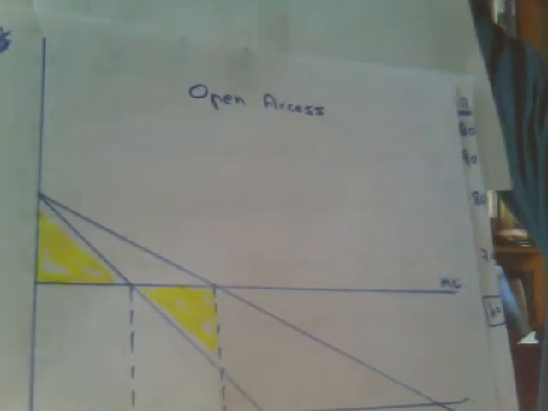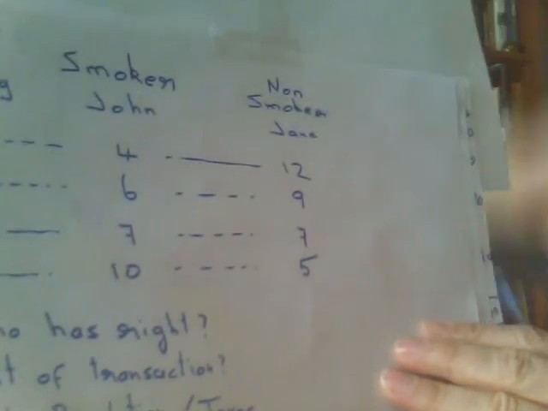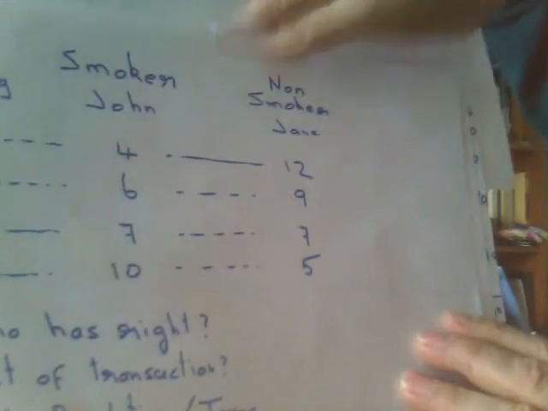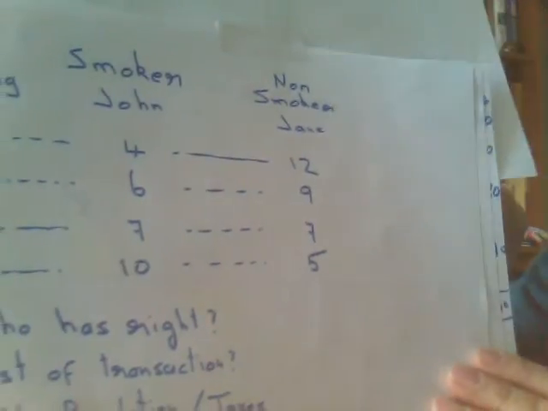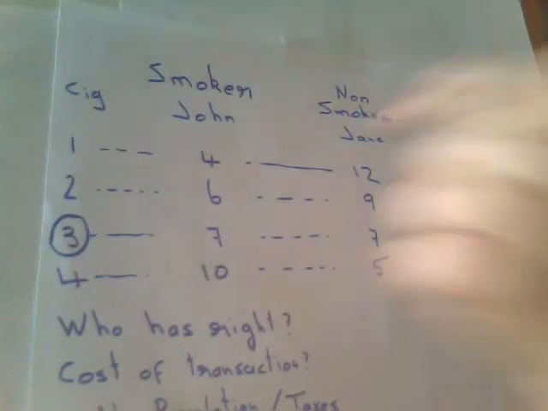So the very simple example that I want to share with you right now is the following one. All we have is an office space that is occupied by either a smoker or a non-smoker.